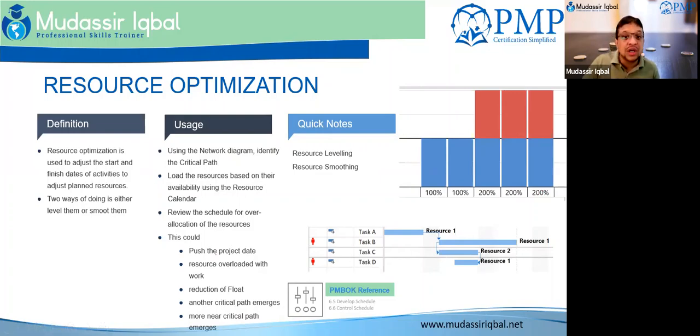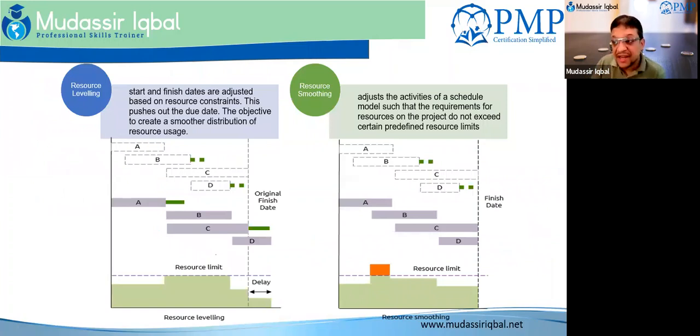Now, once you are talking about resource leveling, what happens is that I, as a team member, am required on activity A and activity B. So what could you do if you do resource leveling?